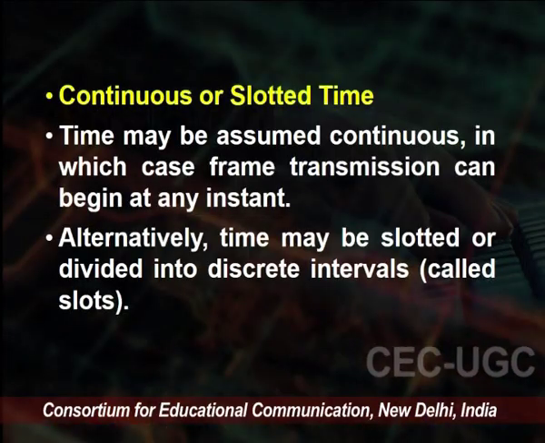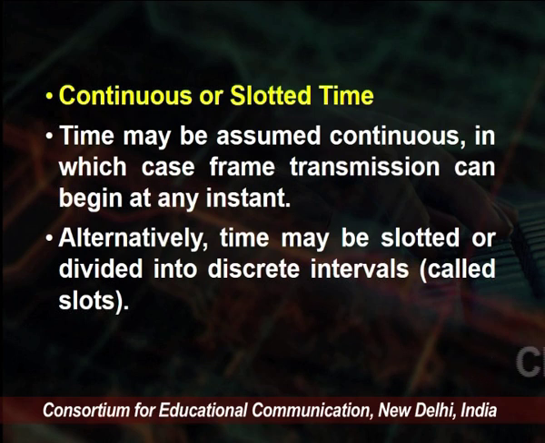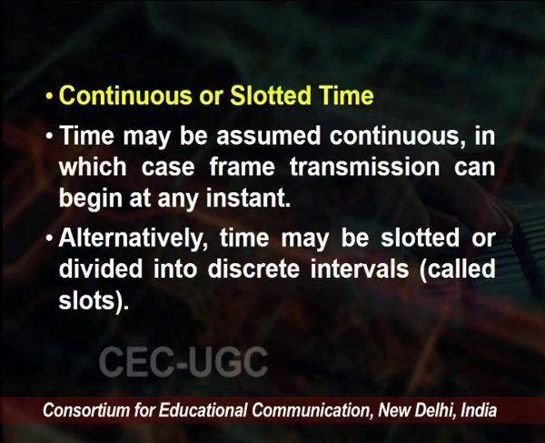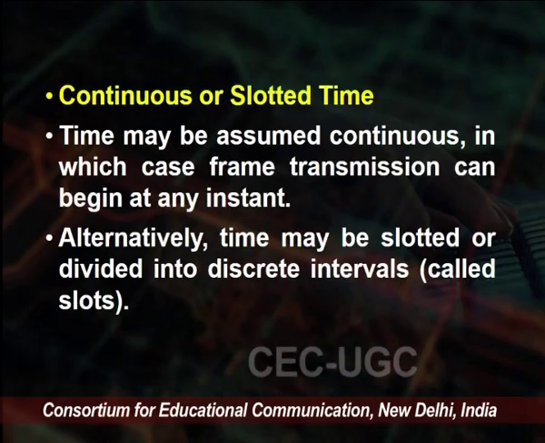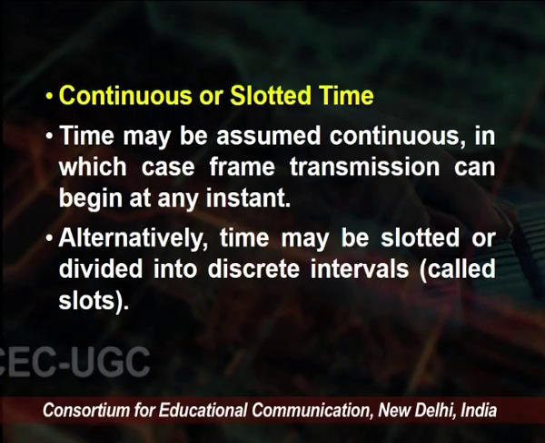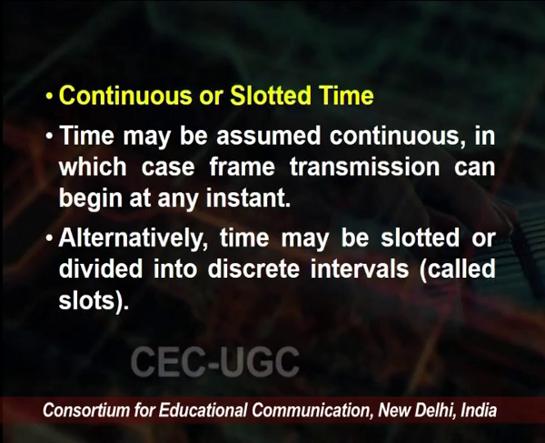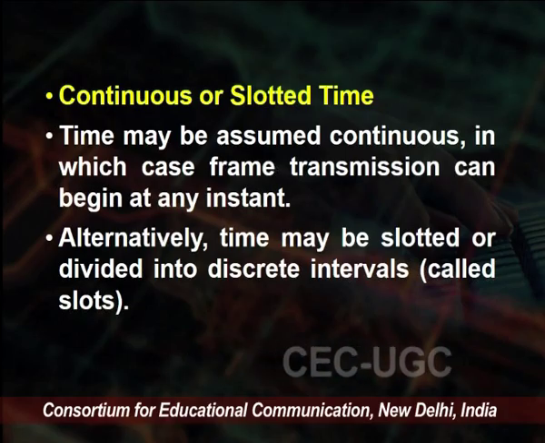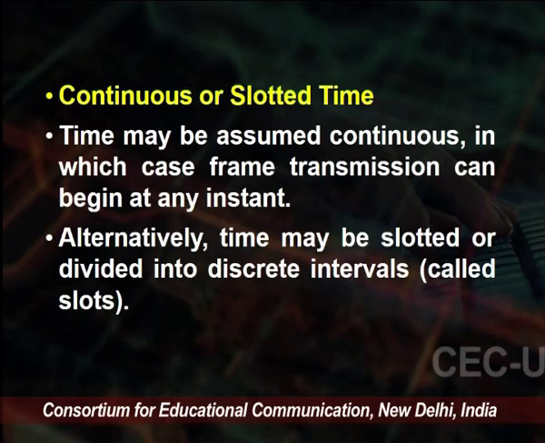Moving further, another assumption is about continuous or slotted time. Time may be assumed continuous, in which case frame transmission can begin at any instant, at any point of time. Alternatively, time may be slotted, or divided into discrete intervals, and these discrete intervals are known as slots.